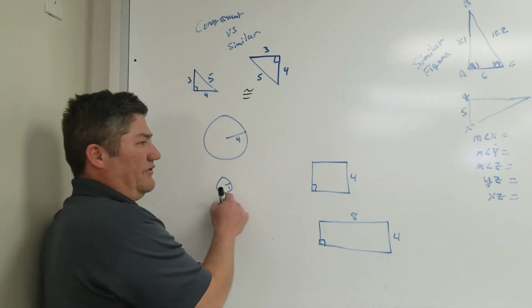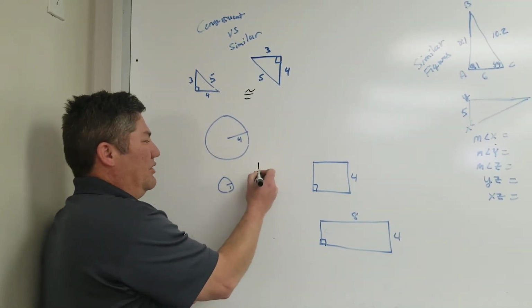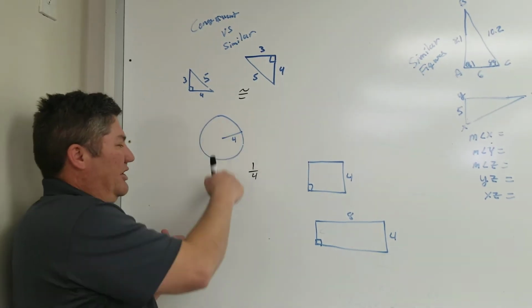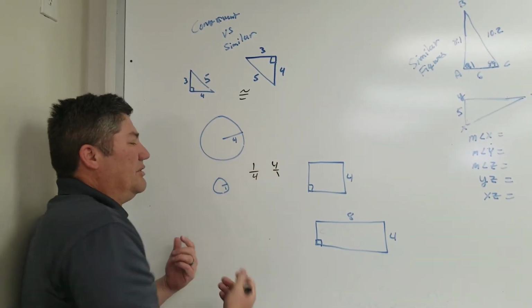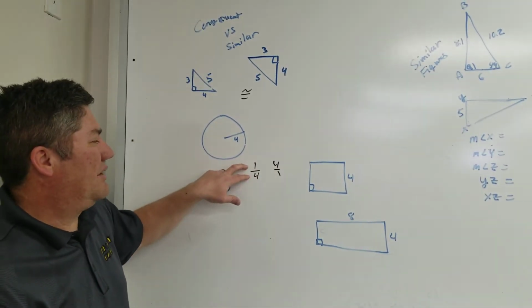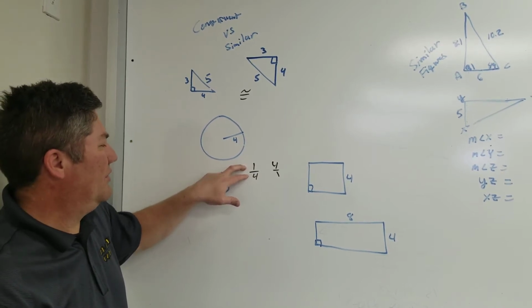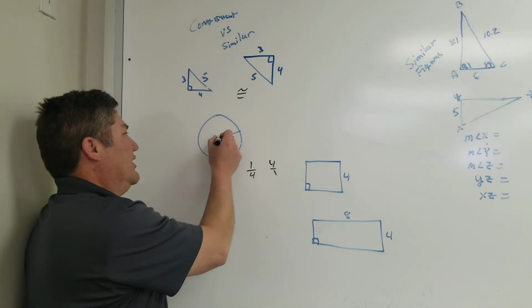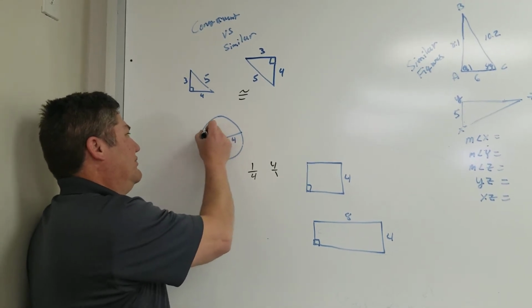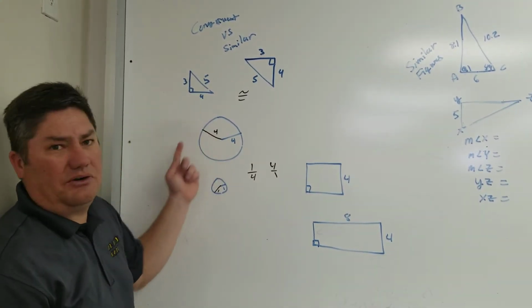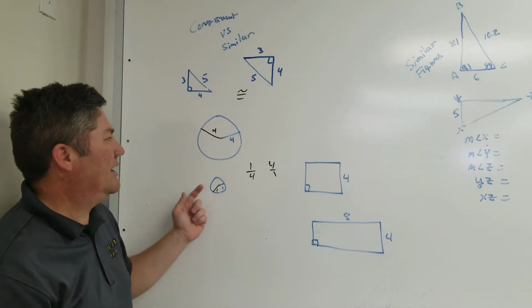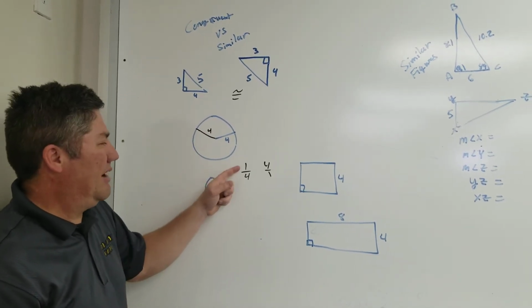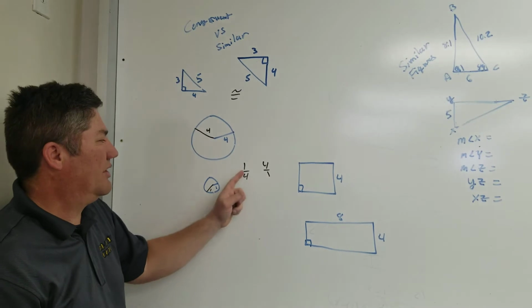So think about that. What would the ratio of their radii be? So if I was going from here to here, it's going to be 1 to 4. Or if you're going from here to here, it's 4 to 1. But either way, that ratio, 1 to 4, would be the same whether I drew the radius here, that radius is still 1. If I draw the radius over here, that radius is still 4. No matter where I were to draw those radii in those circles, my ratio of the radii would be 1 to 4.